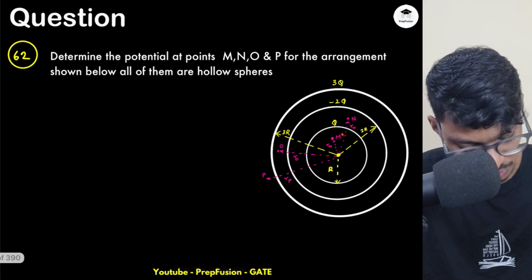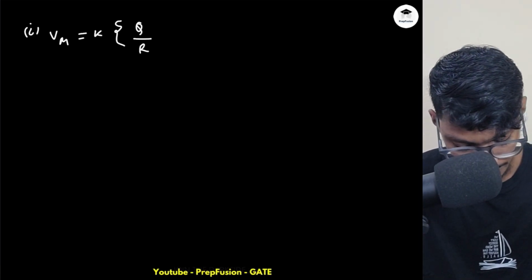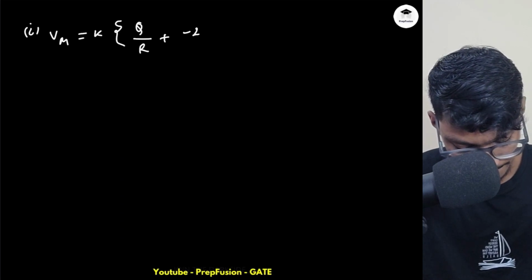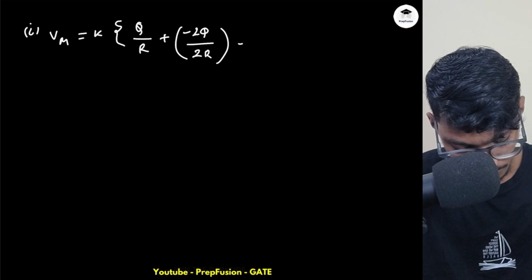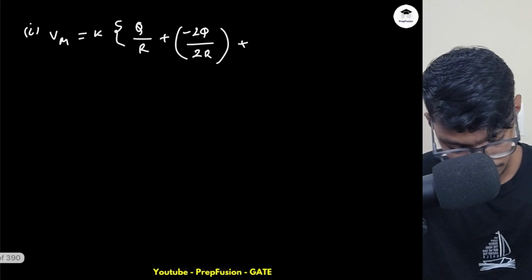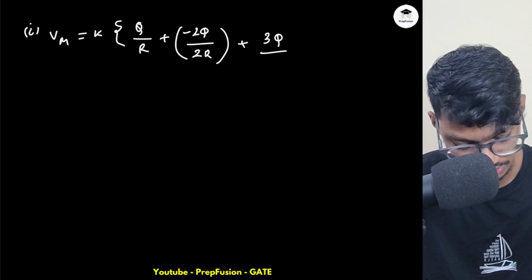For the first sphere, Q by capital R. For the second sphere, 2Q by 2R. For the third sphere, 3Q by 3R. Because this point is inside all the spheres.